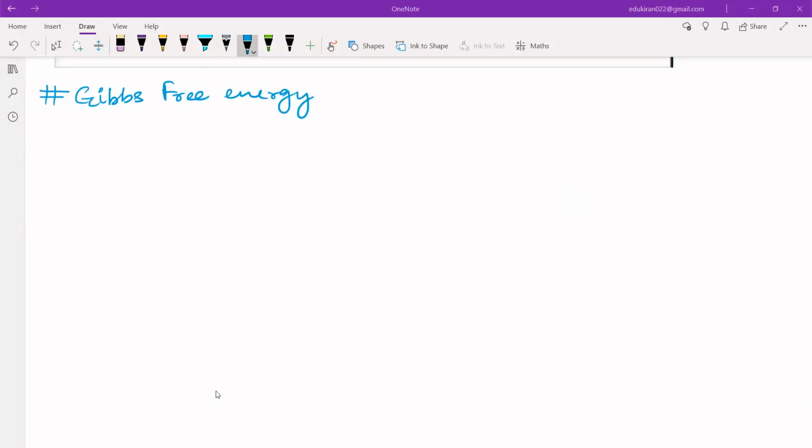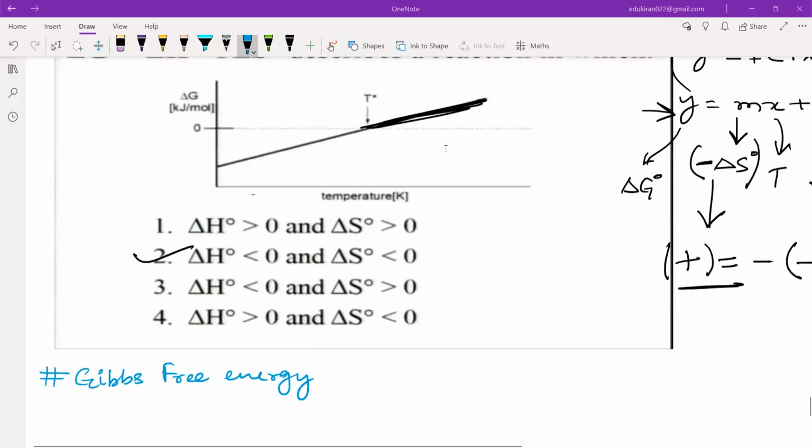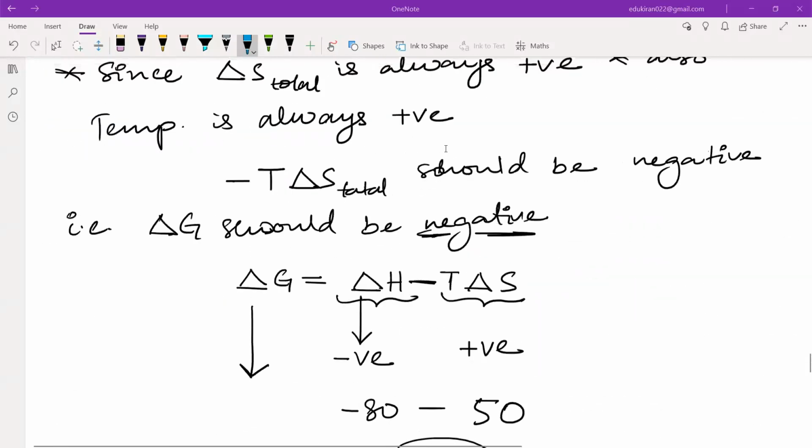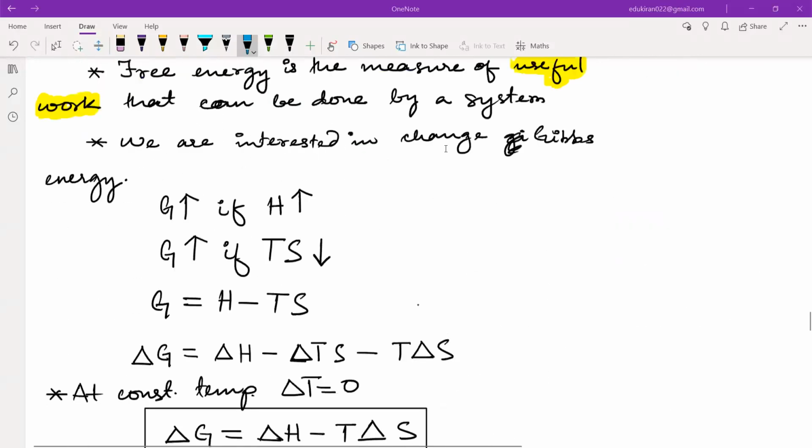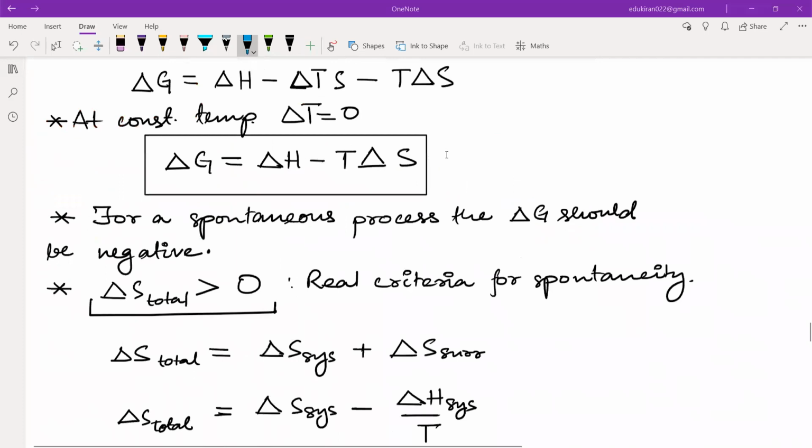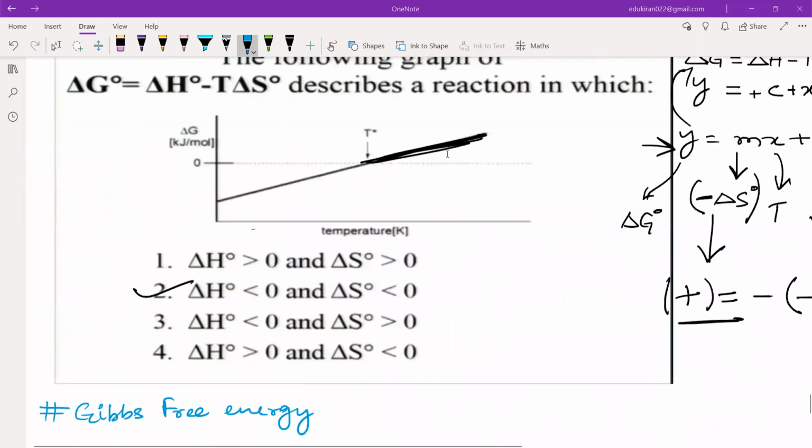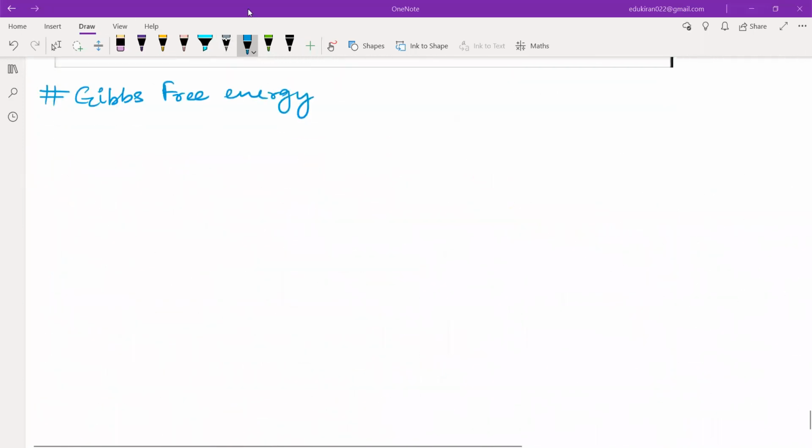Yes, our last topic was entropy. We also did Gibbs free energy. See, our last topic was not entropy exactly. It was Gibbs free energy. So now we are writing about Gibbs free energy and equilibrium, not entropy. And equilibrium.